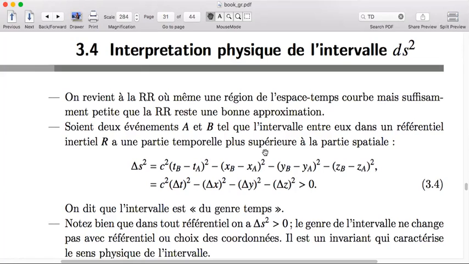But if our manifold was the flat space-time manifold of Minkowski space, then the ds, if it were extended over a finite interval, would become the delta s that was familiar from the special relativity class.